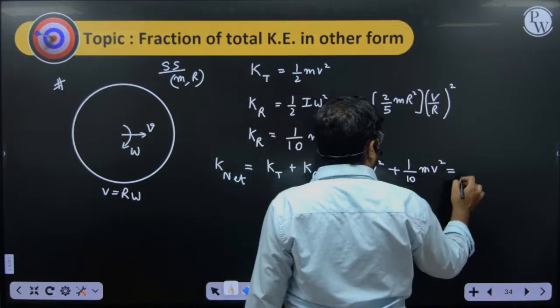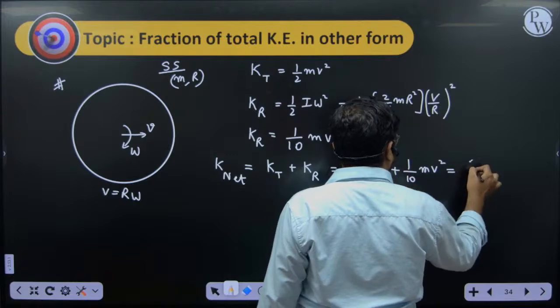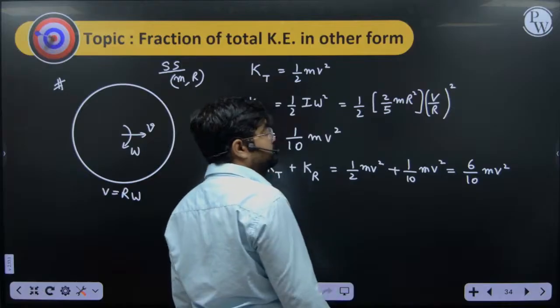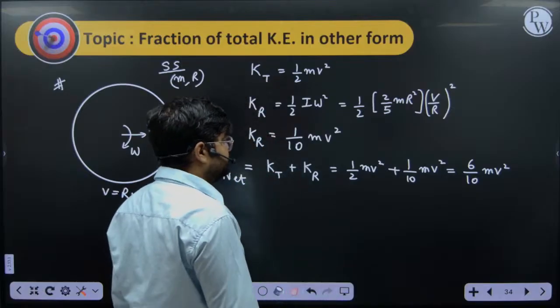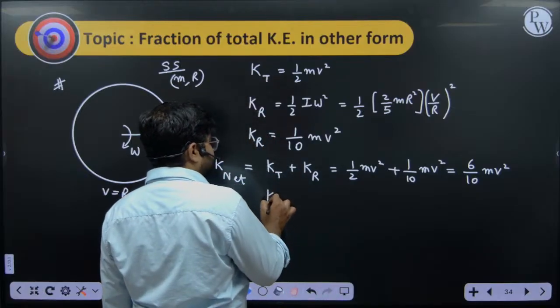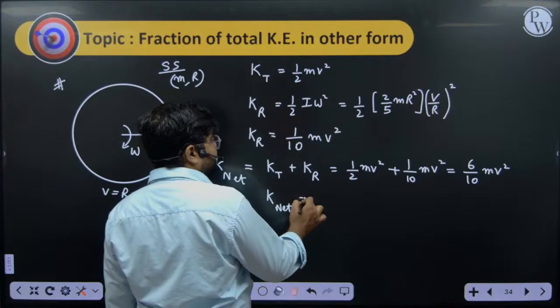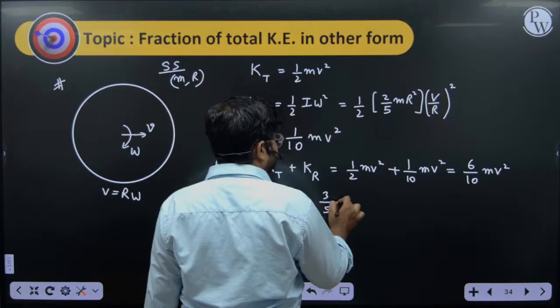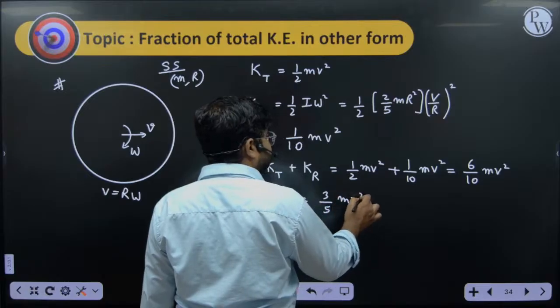This will come out 6 by 10 mv square, or simply 3 by 5 mv square. You can also write it K net as 3 by 5 mv square.